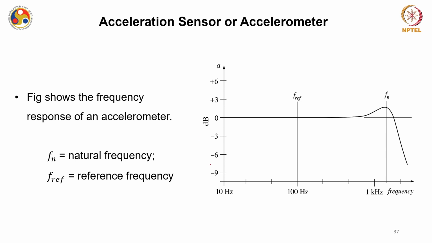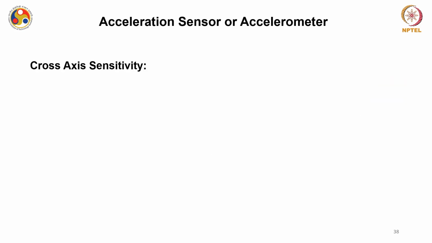You have the x-axis in the form of frequency, and this is the natural frequency of a typical accelerometer. The reference frequency will be a little lower than the natural frequency. As I have mentioned, in most cases it is around 100 hertz.